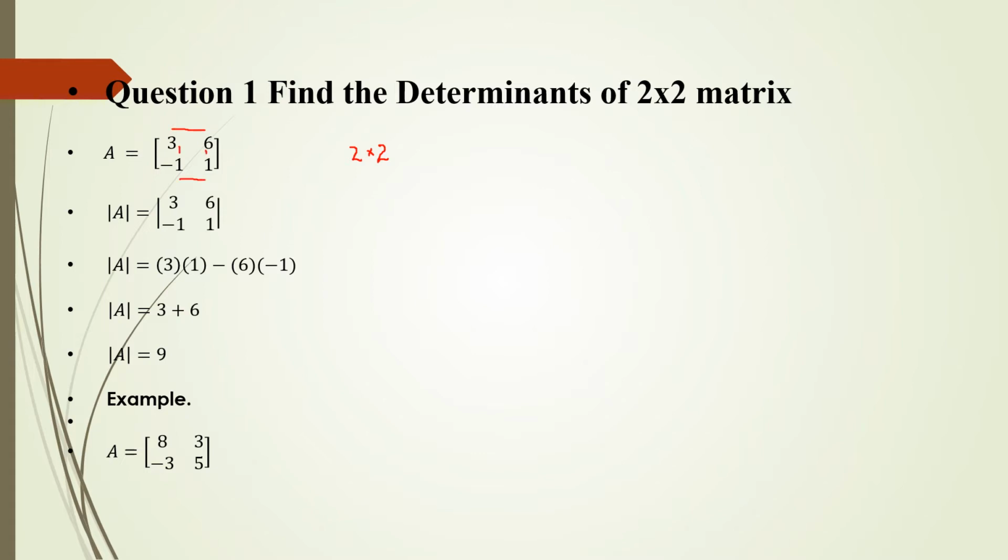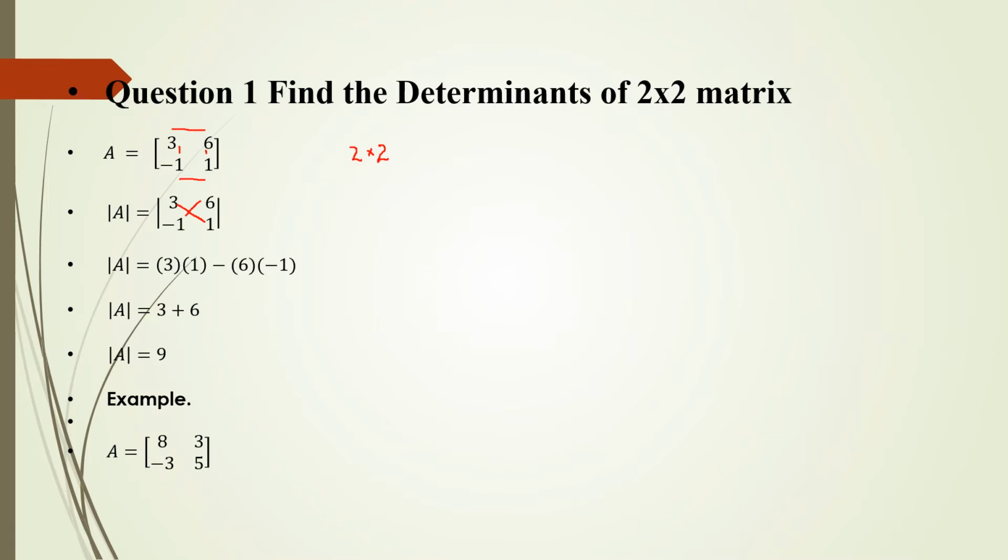Now how to find the determinant of this matrix A? First of all, we have to write this matrix A in vertical form. We will close it in vertical lines, and then we will multiply the diagonals with each other by cross multiplication. So 3 multiplied by 1 and then 6 multiplied by -1.